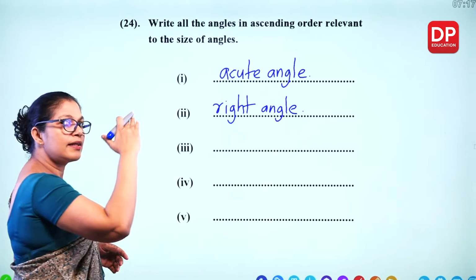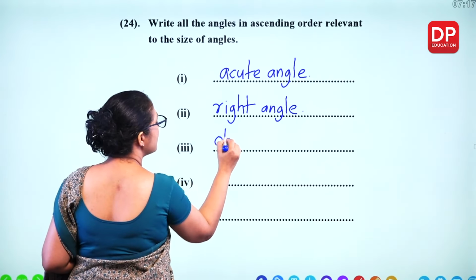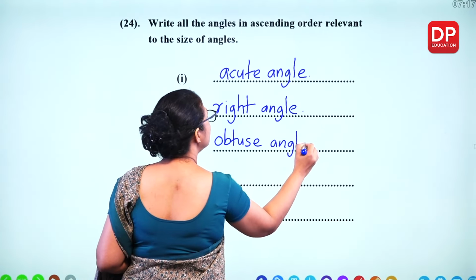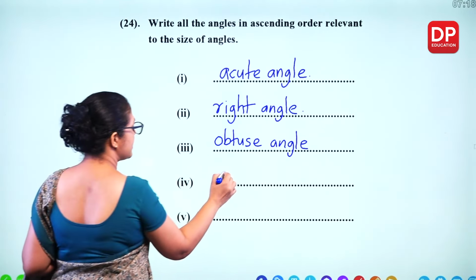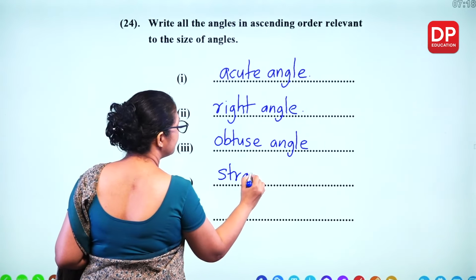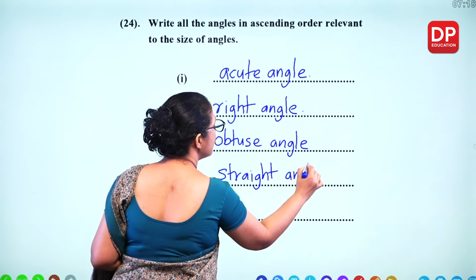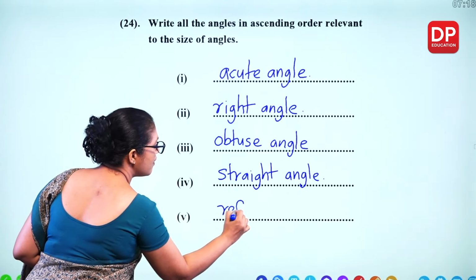After that, more than a right angle, you get an obtuse angle. Then half of a circle, it's a straight angle. And more than half of a circle, we call a reflex angle.